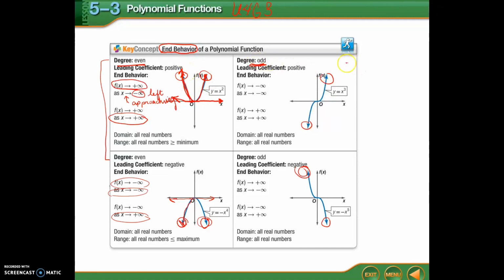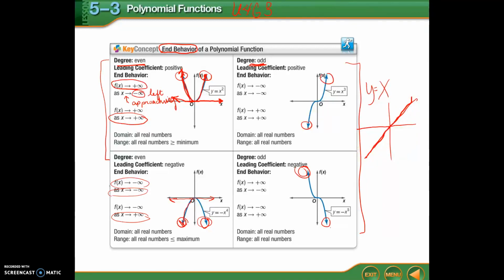When the degrees are odd, the graphs start and end in opposite directions. You can think of that because one line we know is y equals x, and a line starts and ends in different directions.